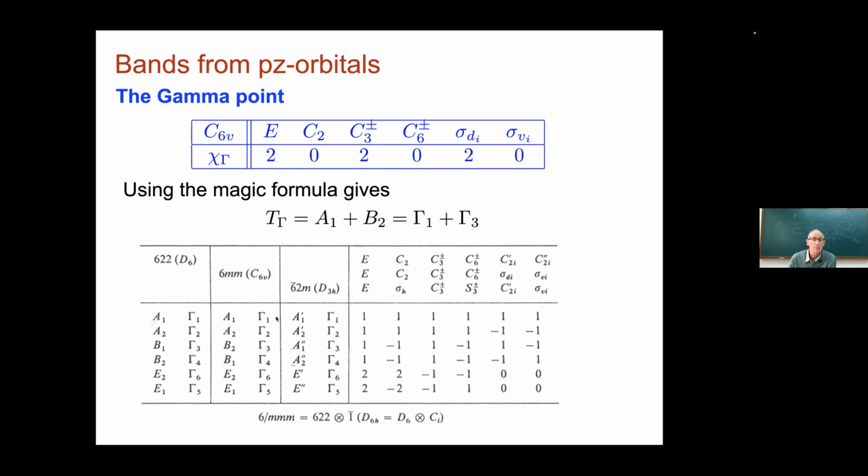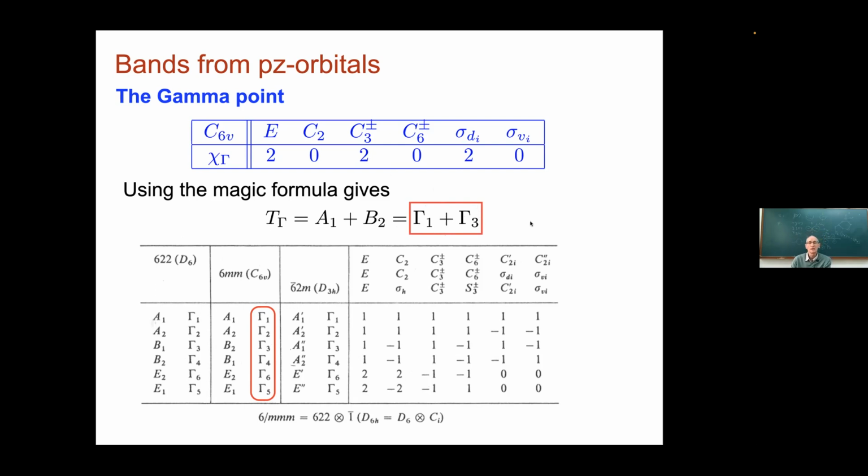If this is the gamma point, just like this, for the gamma point. When you are at a different point, like the K point, you have to substitute K for gamma. So if this were the K point, you would write K1 plus K3, etc. Okay, so you'll see that in a minute.